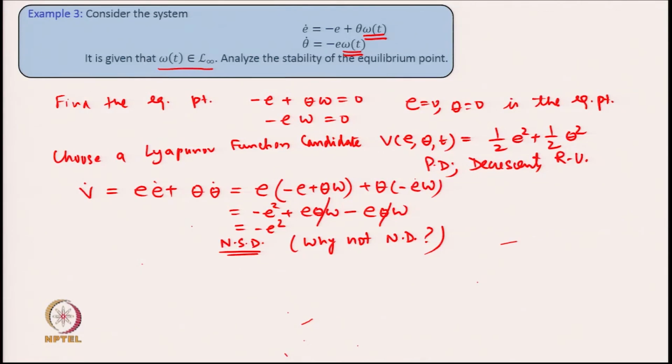So, V is positive definite, decrescent, radially unbounded, and V dot comes out to be negative semi definite.